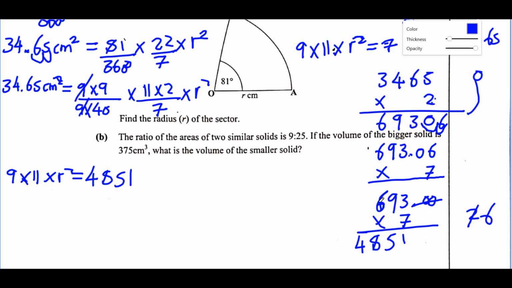So what we are going to do is, I'm going to get this 4,851. Then we divide by, let's say we can just use 9. So we're going to say divided by 9, divided by 9. So 11 r squared is equal to, so 9 into 48 is 5, since 45, 9 can go into 45, remainder 3.